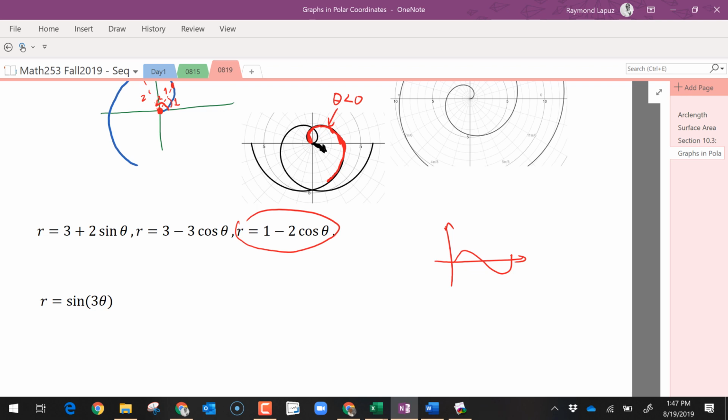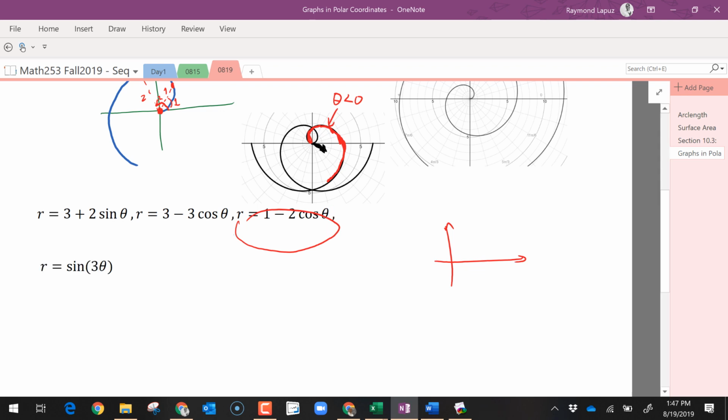You got all that? All right. So then your graph is going to start at 1, and it'll be cosine, except it'll be negative. And then it has an amplitude of 2, so it goes as far down as -2. And then back up to pi.